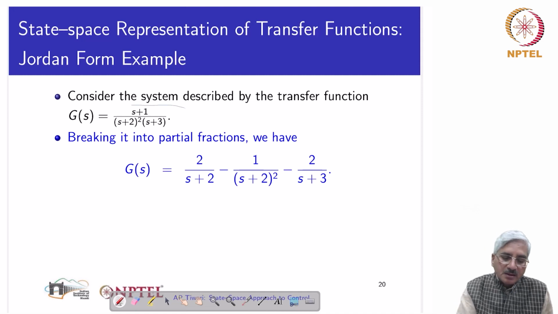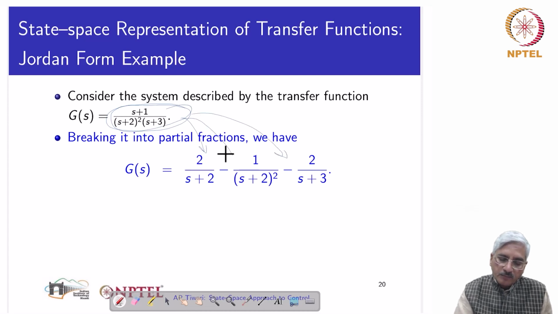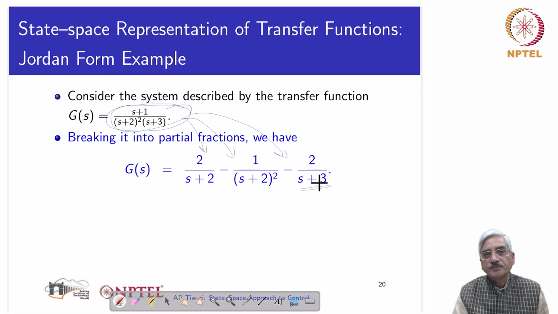So if we break this into partial fractions, we will get three terms like this: 2 by s plus 2, other one containing s plus 2 square in the denominator, of course it is minus 1, the residue, and the last one, the residue is minus 2, over s plus 3.